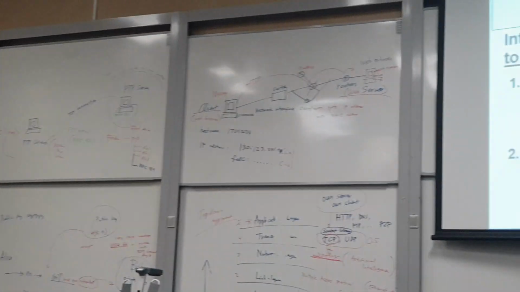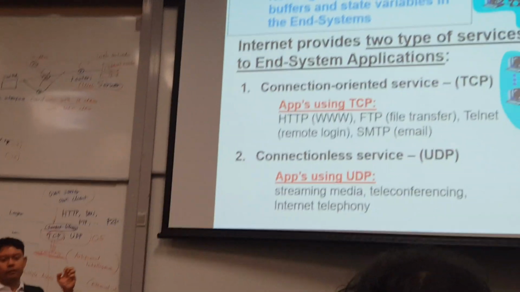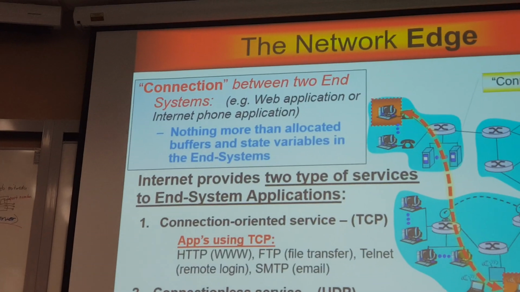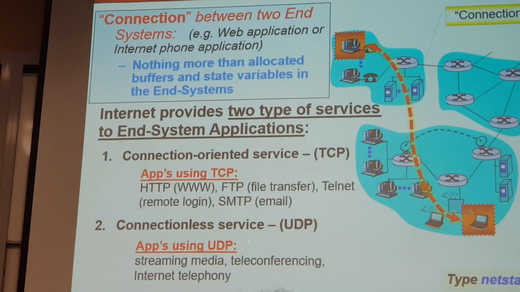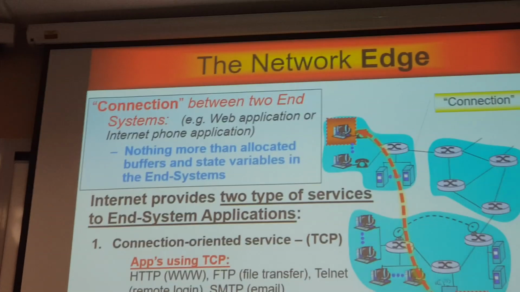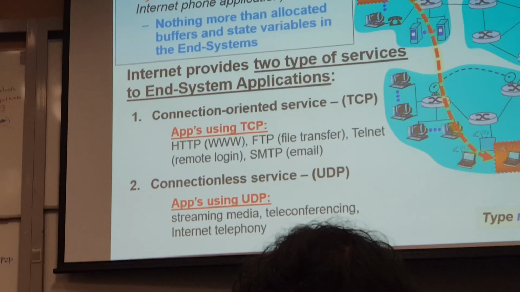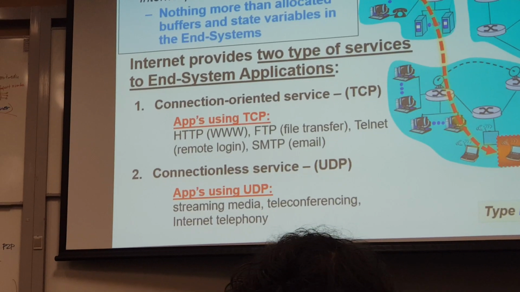TCP is what we call a connection-oriented service. It is used if you want to send a file or a message reliably. On the other hand, UDP is a connectionless service, but it offers fast transmission of messages, without reliable data transfer.